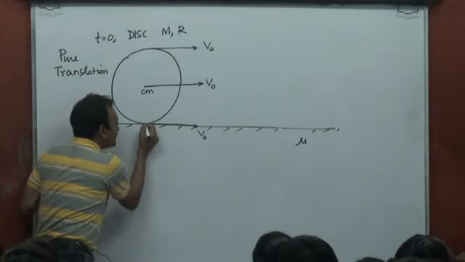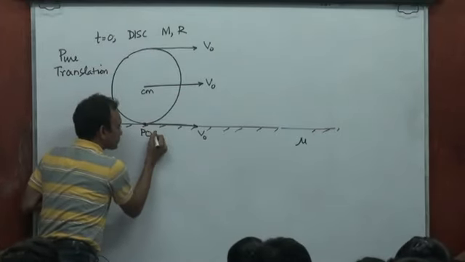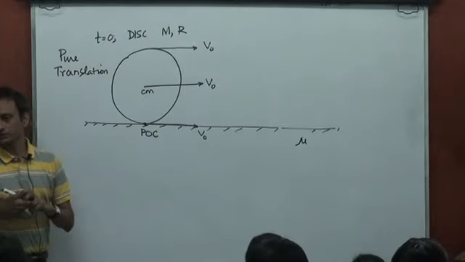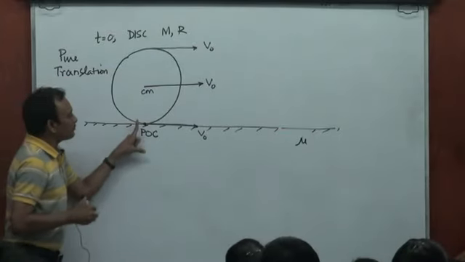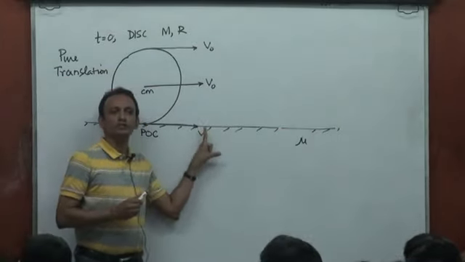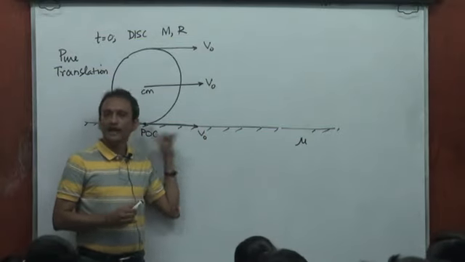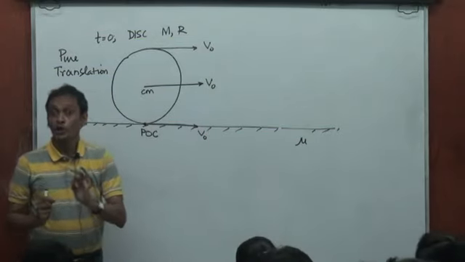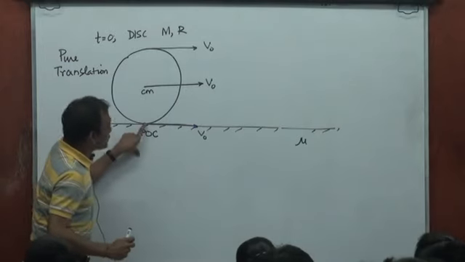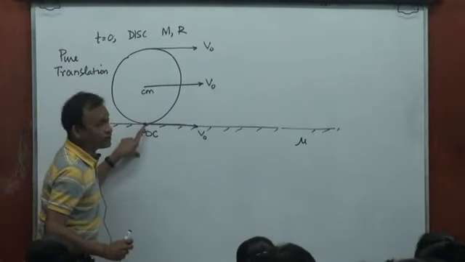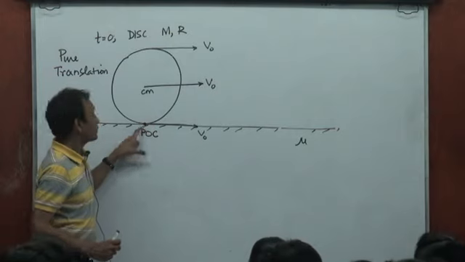Look at the point of contact. The point of contact has a rightward velocity. There is relative motion between the body at the point of contact and the surface, right?